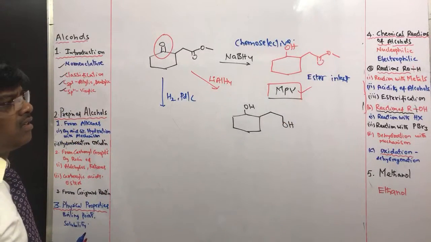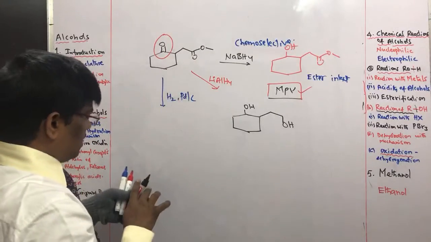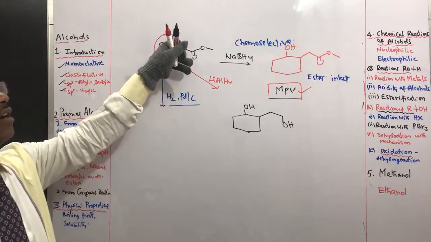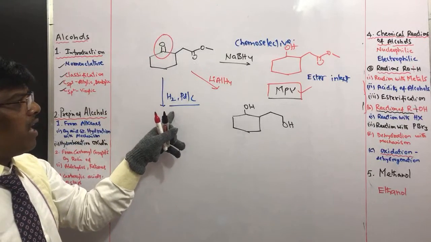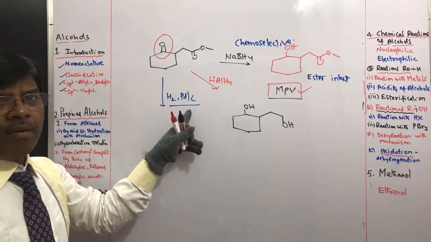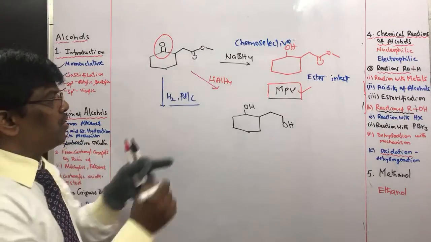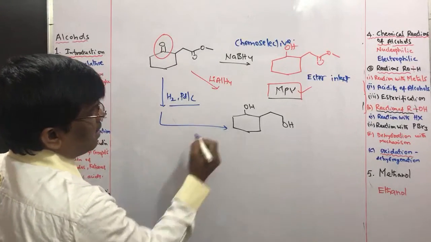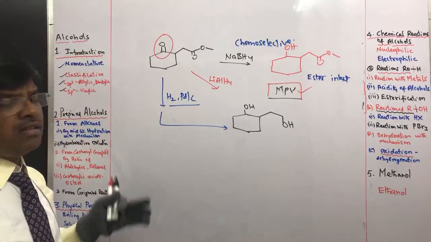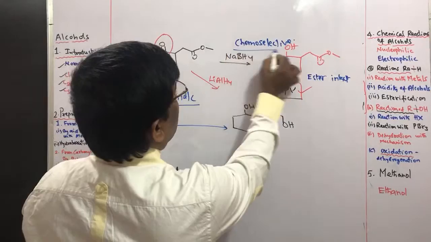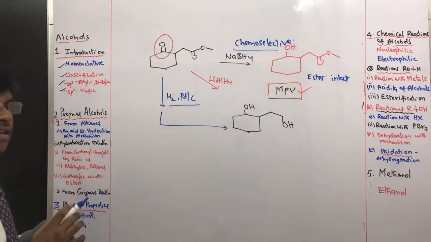What about hydrogen and palladium carbon? Carbonyl compounds can be reduced by hydrogenation in presence of palladium carbon, and in a similar manner esters also can be reduced. So the product here is also the same. This is how you can solve chemoselective reduction of carbonyl compounds.